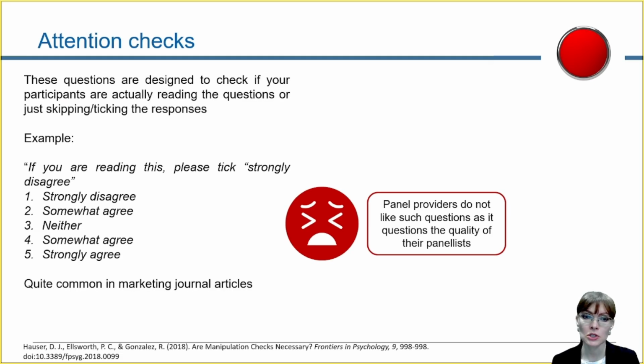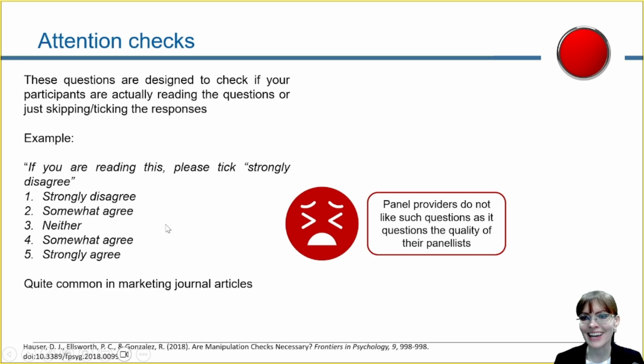If you deal with commercial panel providers to get access to real consumers, to real people, not necessarily student panel providers may not always like those questions because they have to substitute them for you at no cost, and it also signals that the quality of their panels may not be really great.